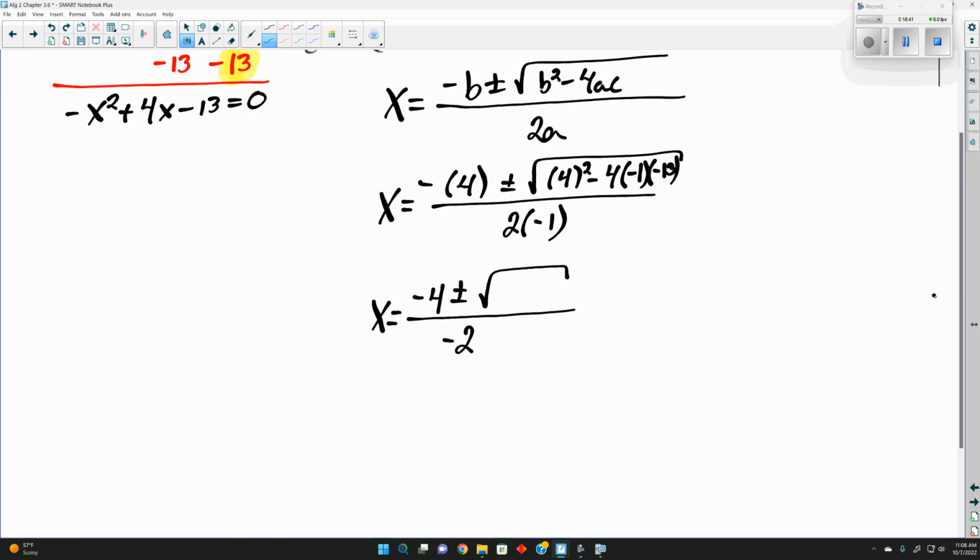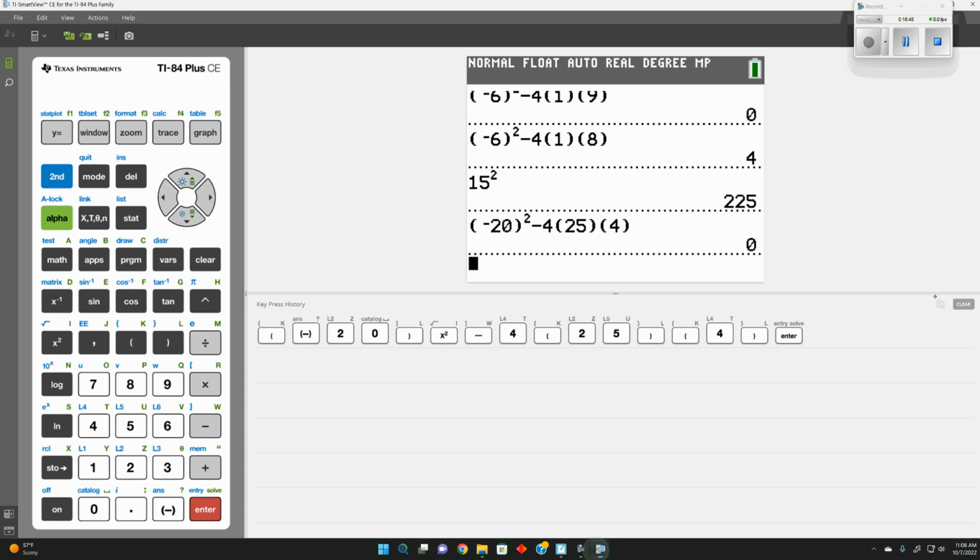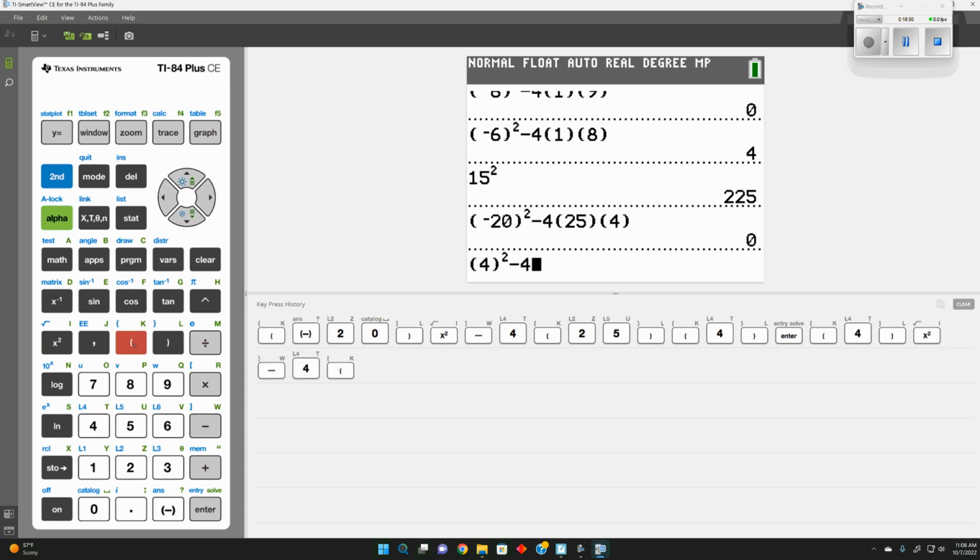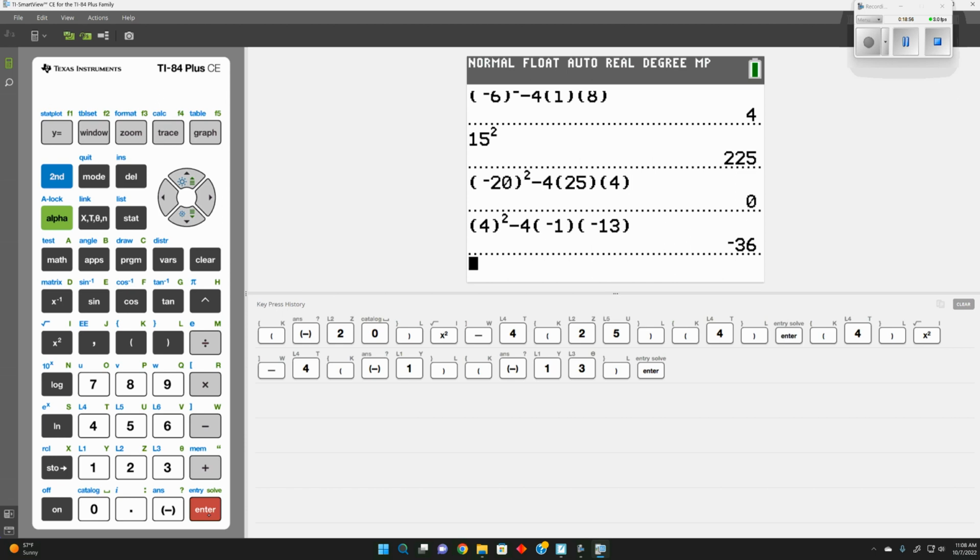Now again, we can plug everything inside the radical into the calculator, which would be 4 squared minus 4 times negative 1 times negative 13. So we get negative 36.